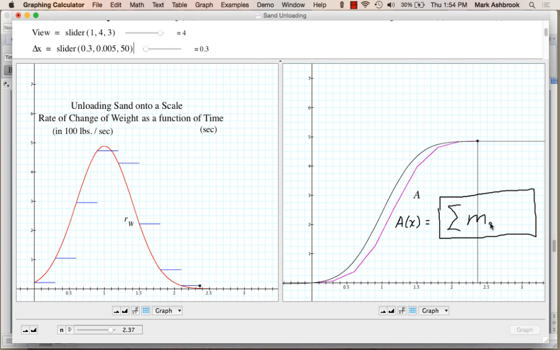So we're summing up a bunch of m dx's. I'll just call them delta x for sake of argument here. So what's the difference between saying you're summing the rates and summing the rates times delta x? A huge difference. Someone else. What is the difference between saying summing the rates and summing the rates times delta x? There's a huge difference.